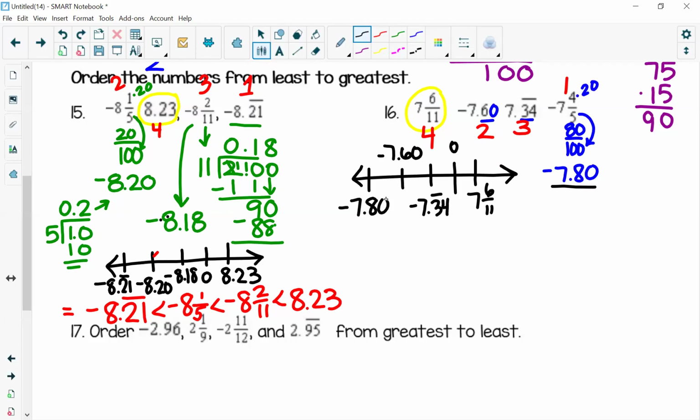So when I write it, I'm going to go equals. My smallest is negative 7 and 80 hundredths, which is negative 7 and 4/5, is less than negative 7 and 6/10, is less than. Wait a minute. What did I do here?